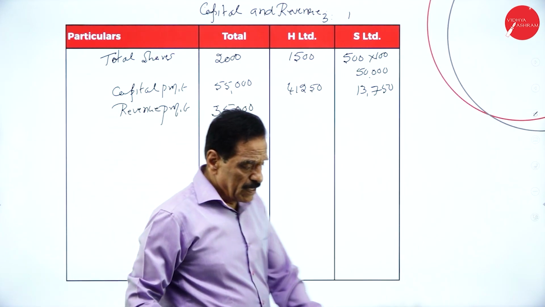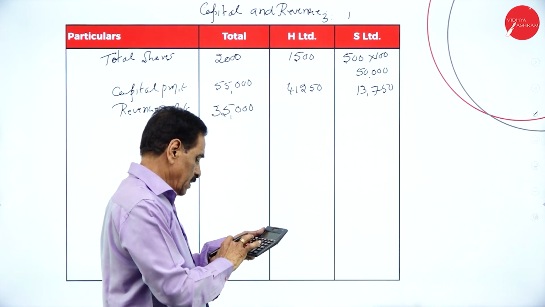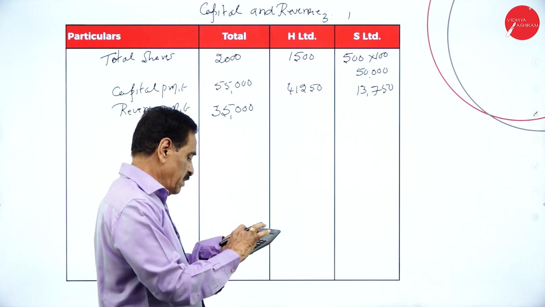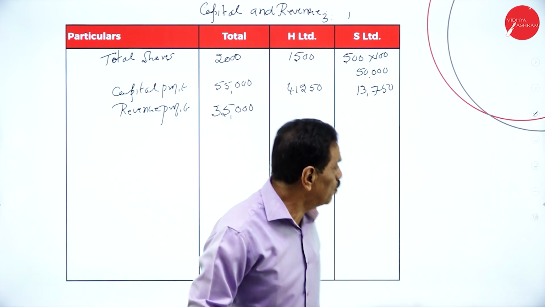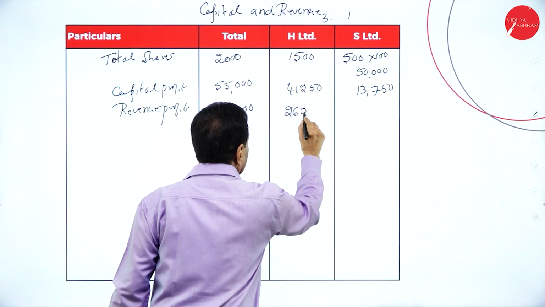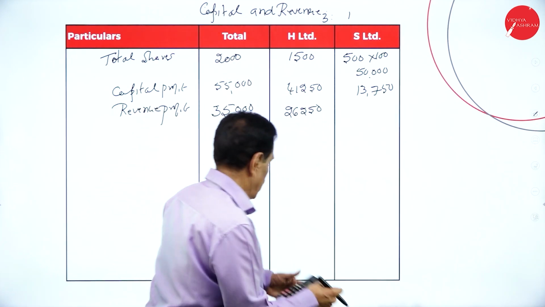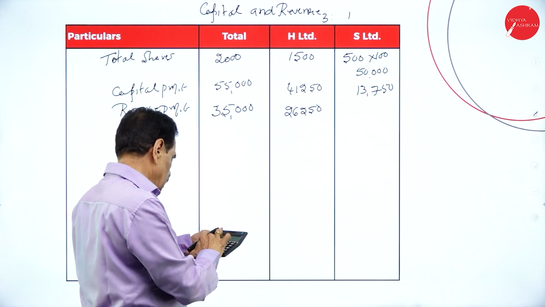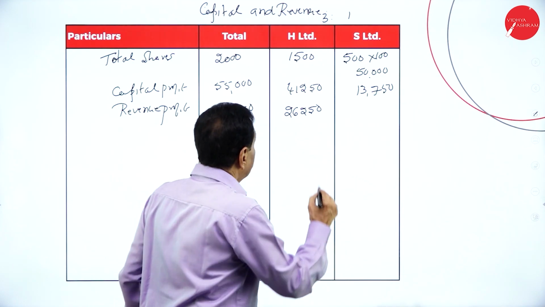Share it. 35,000 into 3 divided by 4, so 26,250. Then 1 by 4, 35,000 into 1 divided by 4 is 8,750.